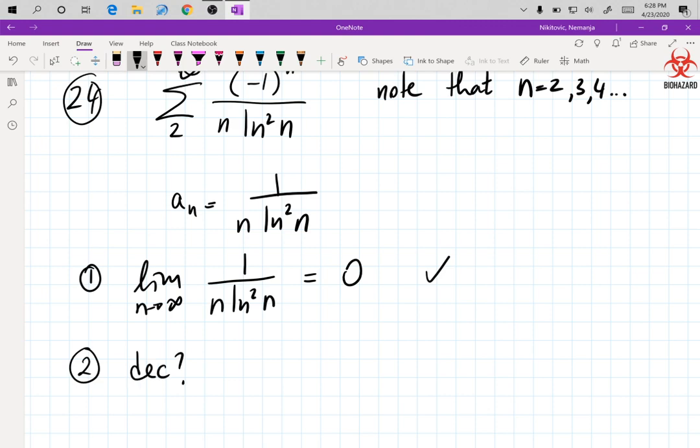Again, you can compare terms, or you can do the derivative. So pick your poison, right? If you want to do the derivative here, you will have a double chain rule and a whole bunch of stuff. So let's try comparing the terms again, rather than going through the derivative of this.